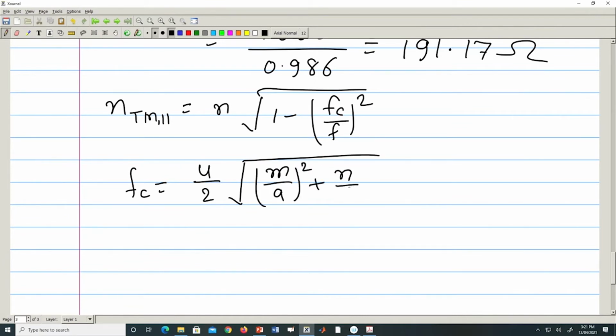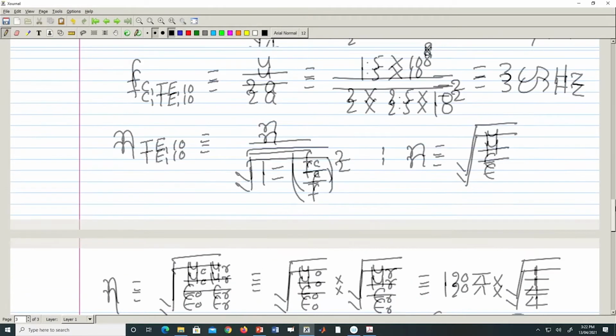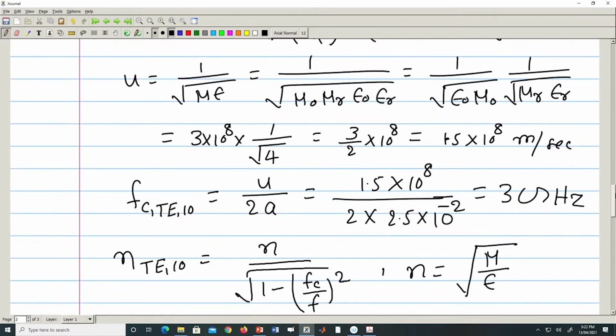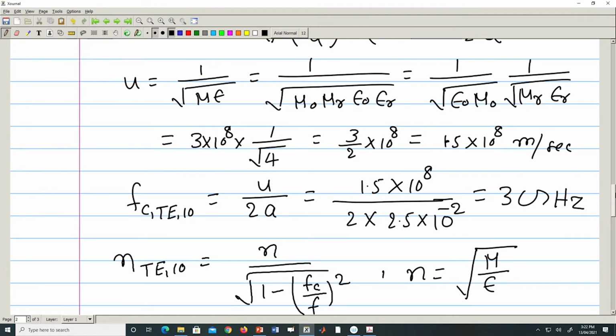We have calculated it because it depends only on 1 by root mu epsilon, that means 1.5 into 10 to the power 8 meter per second.